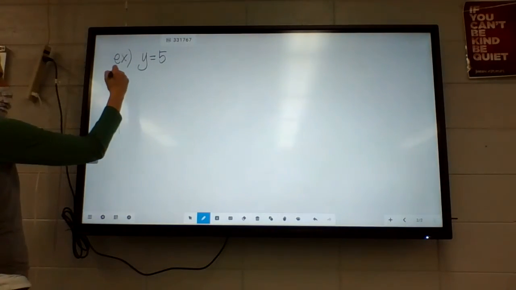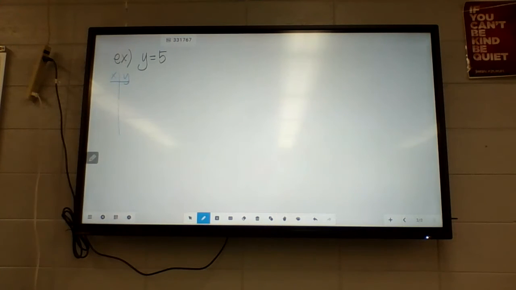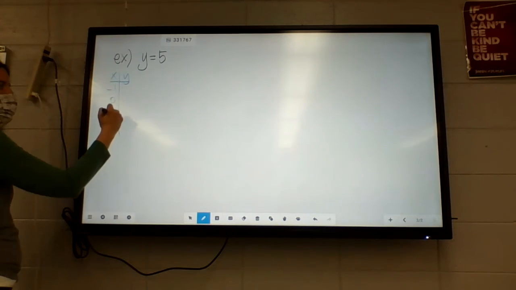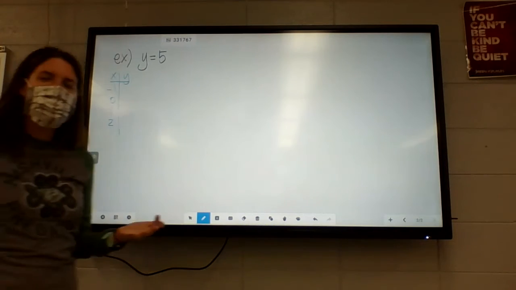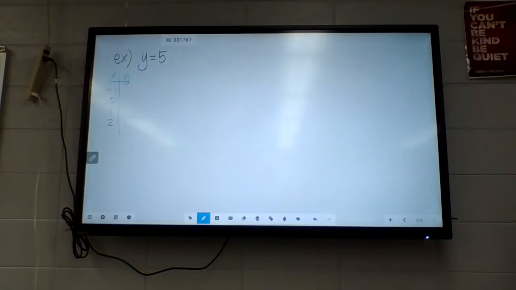If I was making a table of values, which one can I typically pick whatever I want for? X. So I'm going to pick like -1, 0, 1, 2. When I go to put X in, what happens? What do we get here? All the Y's are 5.